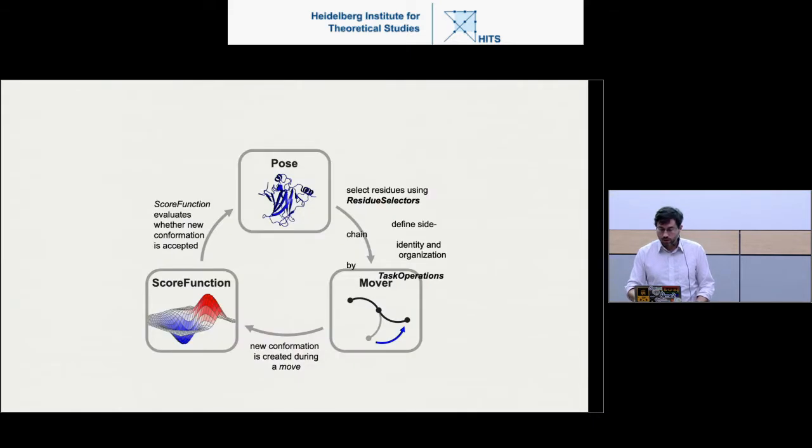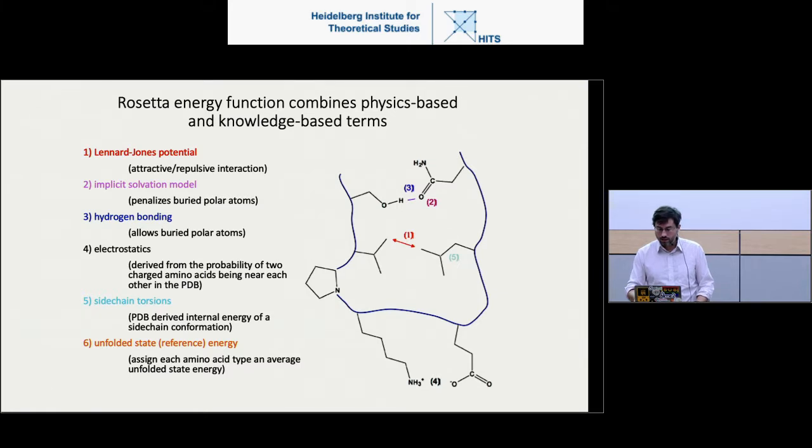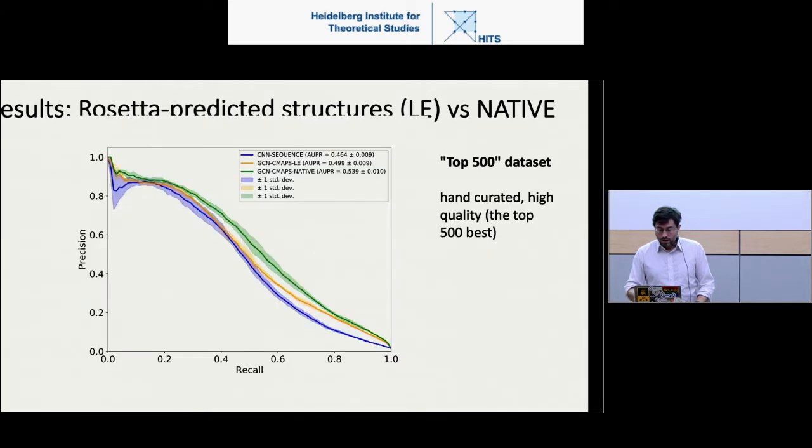All right, so I'm going to skip over what Rosetta does and just show you that if we look at the CNN and the GCN, if we look at native structures, then we get this orange curve. So this is the recall versus precision. If we look at Rosetta predictions, we do somewhat worse.